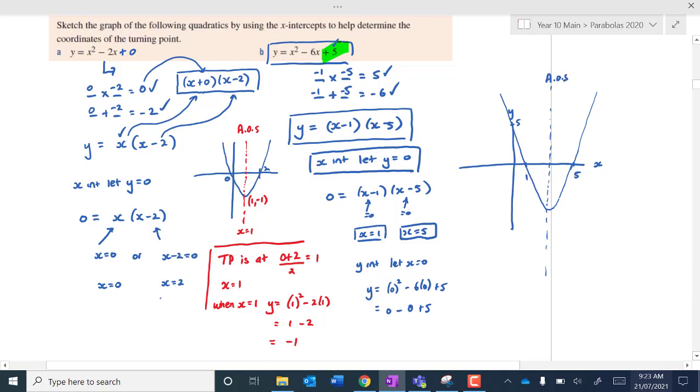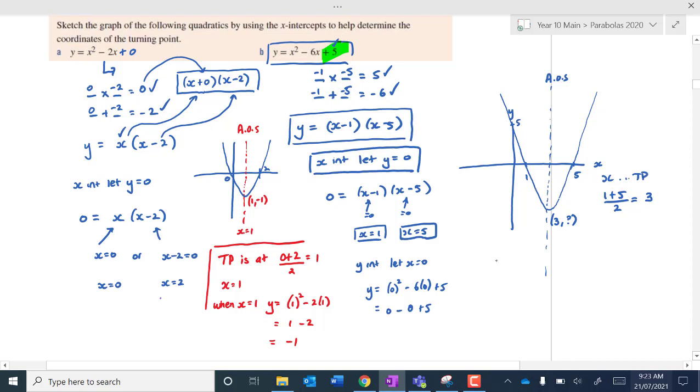And that is going to be halfway between 1 and 5. You don't necessarily have to go 1 plus 5 is 6, 6 divided by 2 is 3. We can see that halfway between 1 and 5 is 3, but we could do it like this, 1 plus 5 divided by 2, 6 divided by 2 is 3, and that's to find our x part of the turning point.